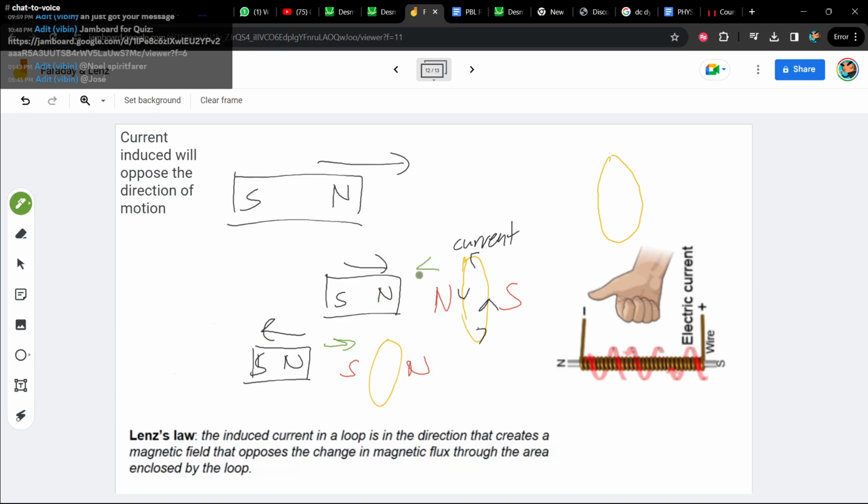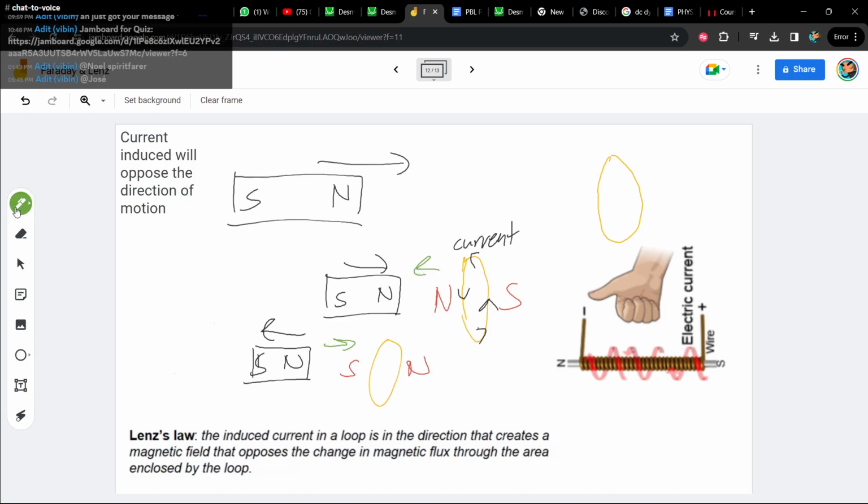What's the analogy? Okay, so basically, kind of like when you love someone and that person you love gets closer to you, at first you want to push them away. The grass is always greener on the other side. Yeah, basically, that's the same way with the magnet.